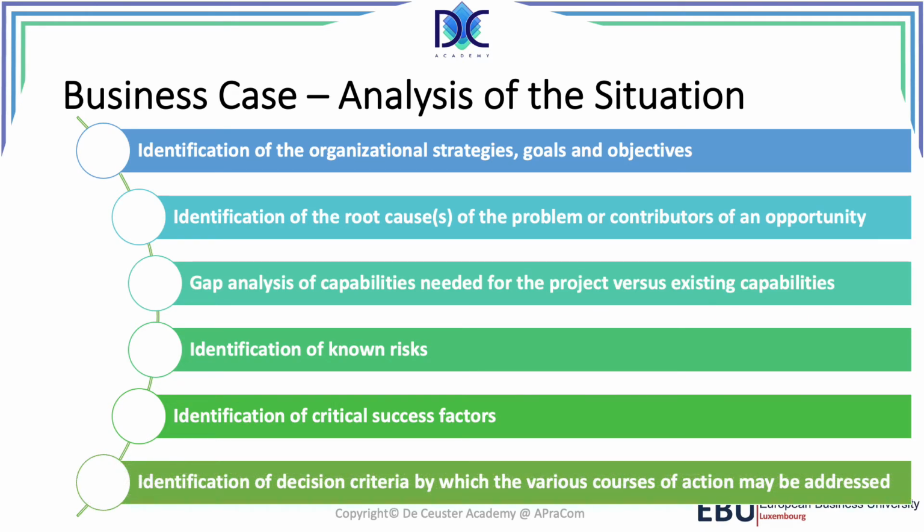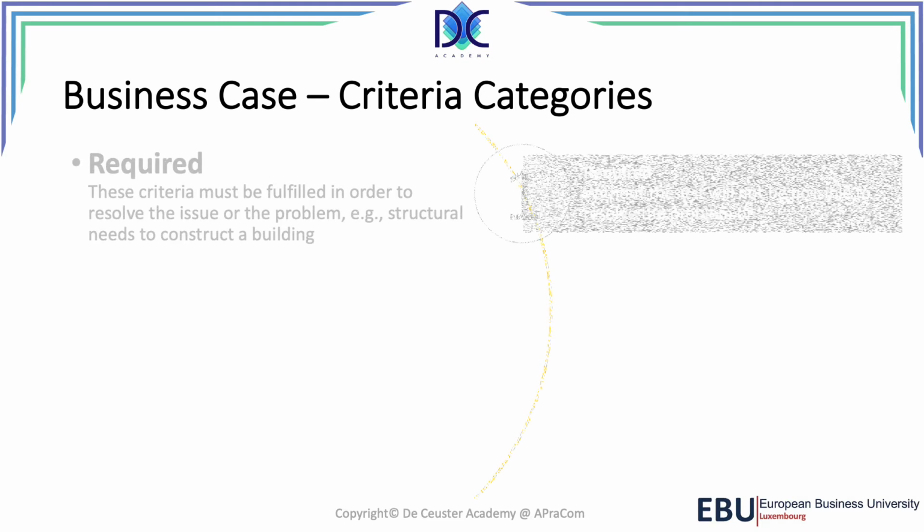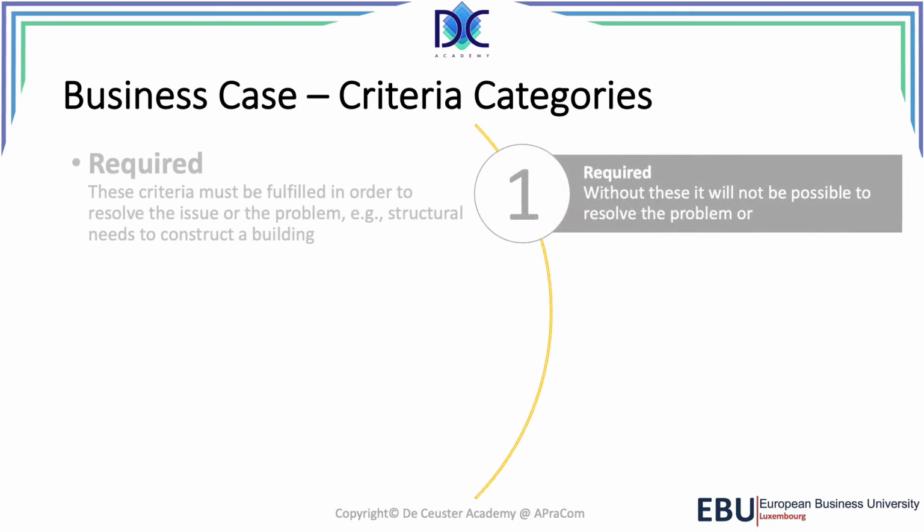And then we have the decision criteria also, because later we will have to make decisions, we will have to have changes, we have all these things that we have to do, and we have to take all of them into account when we are working on the project. So let's look at the criteria categories. We look at requirements.